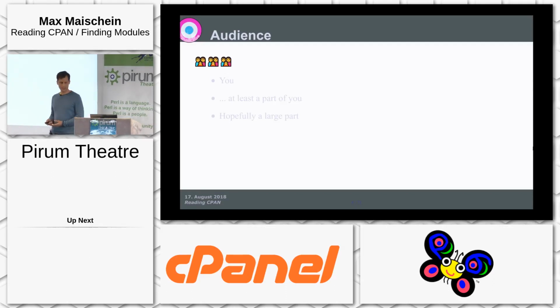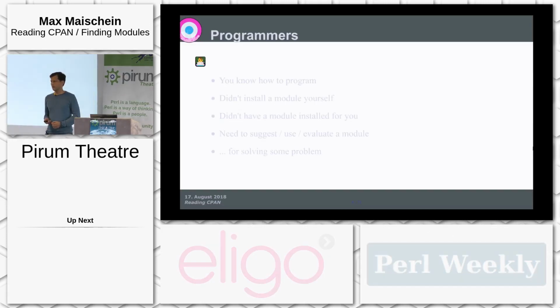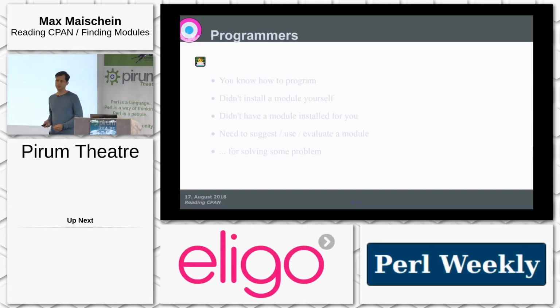Now, for the audience. The audience is obviously you, and hopefully this talk is actually useful for you, or at least a part of you, and ideally a large part of you. One part of this talk is for programmers, you know, how to program.